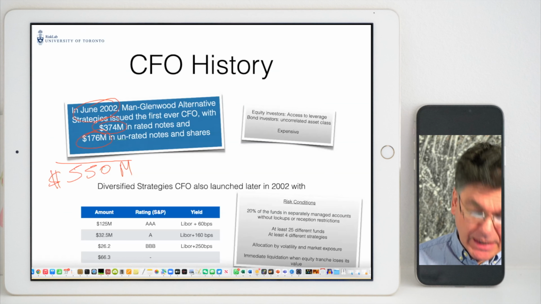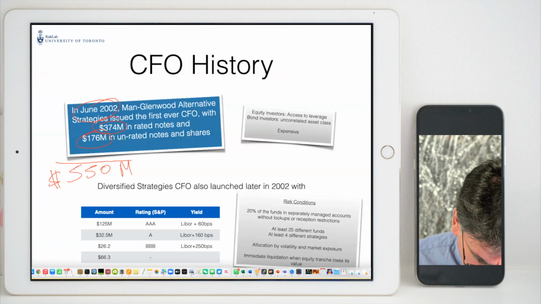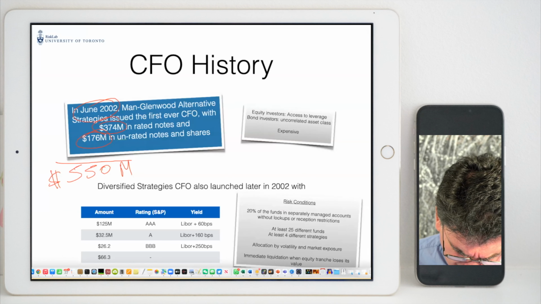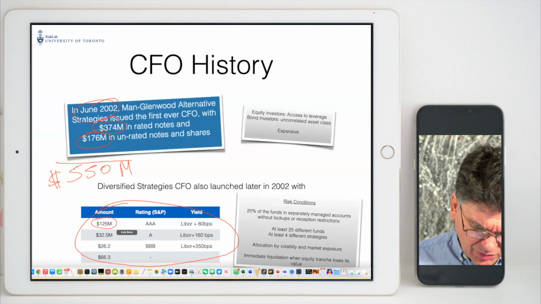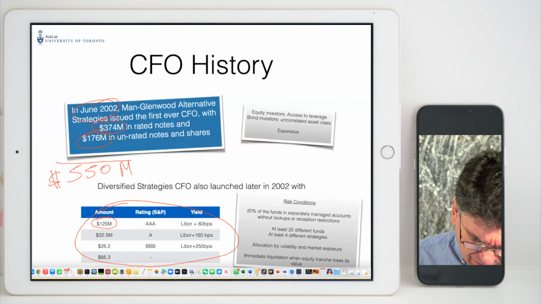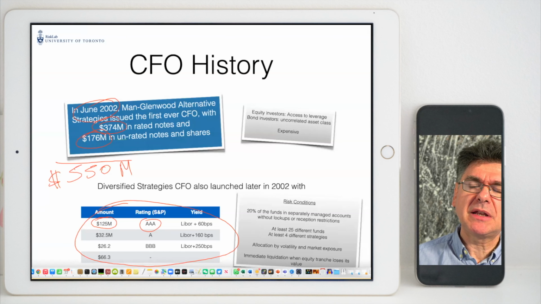Okay. Now let's look at the bond issues. These are the bond tranches. 3 bond tranches. So let's look at this. 125 million of the 374 had obtained a rating of AAA. AAA is a very good rating, meaning that this is very unlikely to default.